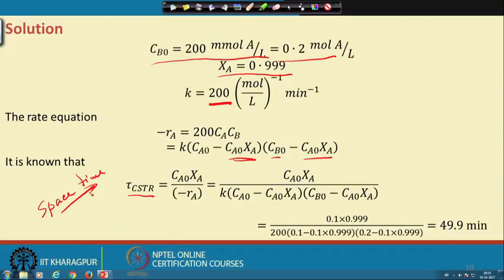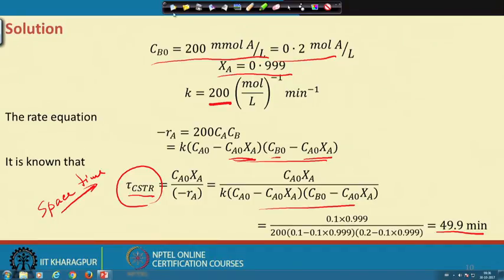So what is the space time? This is equal to CA0 into XA divided by the rate equation. I can put it here, and then we put in all the data and find tau CSTR. This is coming to about 49.9 minutes. So this is how you can calculate the time required for the CSTR.